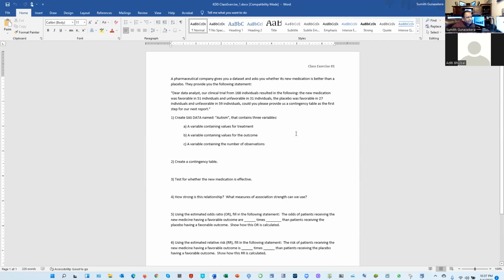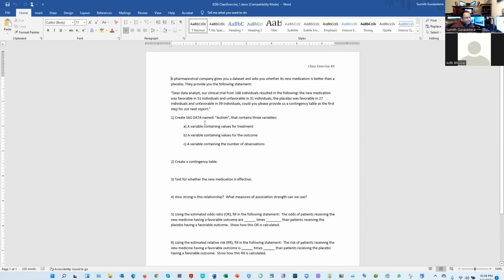Dear data analyst, our clinical trial of 160 individuals resulted in the following. The new medication was favorable in 51 individuals and unfavorable in 31 individuals. The placebo was favorable in 27 individuals and unfavorable in 59 individuals. Could you please provide us a contingency table as the first step for our next report?